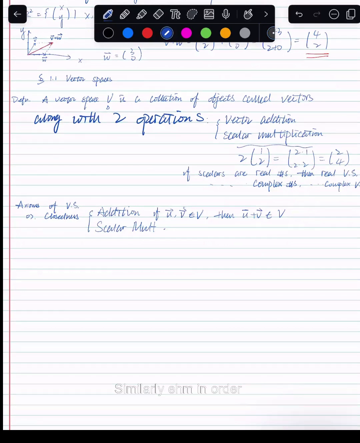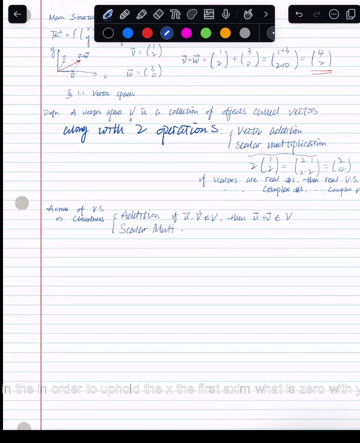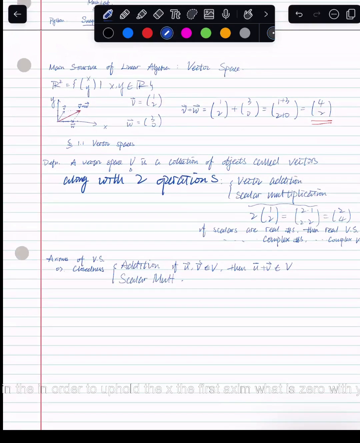Okay. And similarly, in order to uphold the first axiom, or the 0th. Yes, exactly.